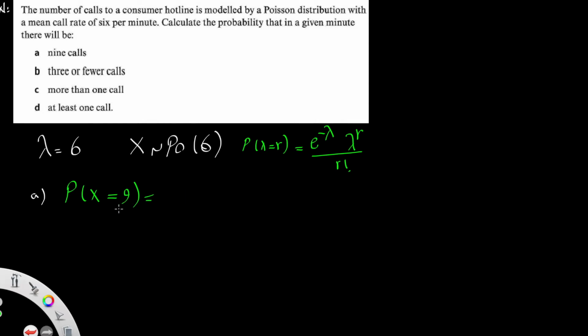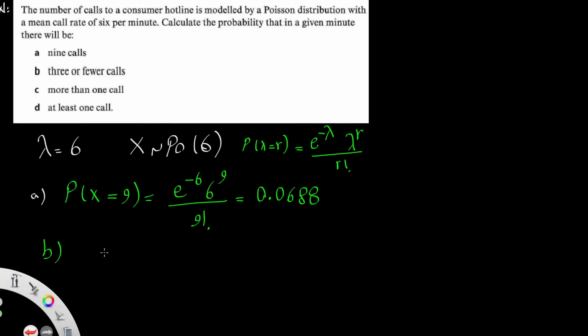Here r is 9 and we already know that lambda is 6, so it will be e to the power of minus 6, 6 to the power of 9 over 9 factorial, which is equal to 0.0688.